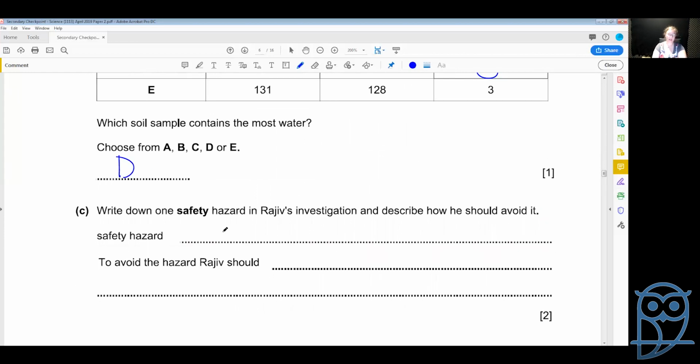Write down one safety hazard in Rajiv's investigation and describe how he should avoid it. So the safety hazard here is the drying oven is hot. It's literally sort of like a kiln that you would put pottery in, except you're not baking it. You're literally just getting rid of the moisture content in it.